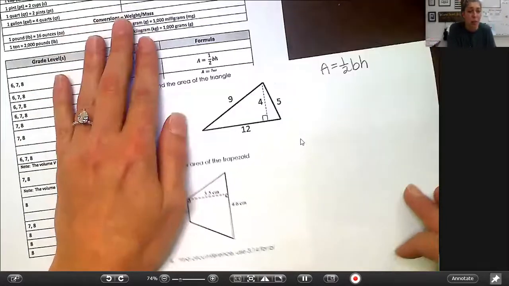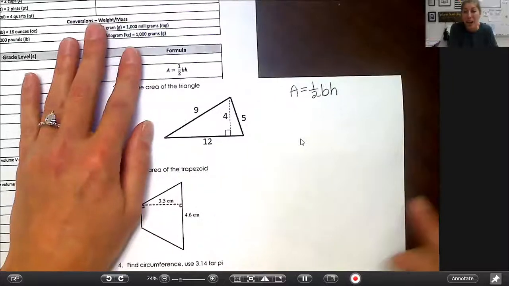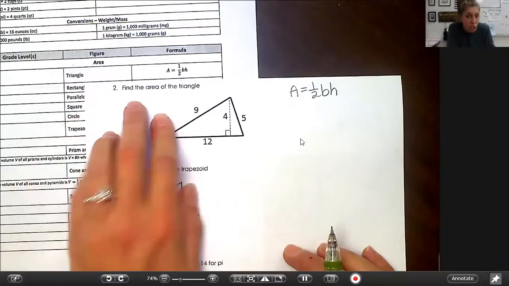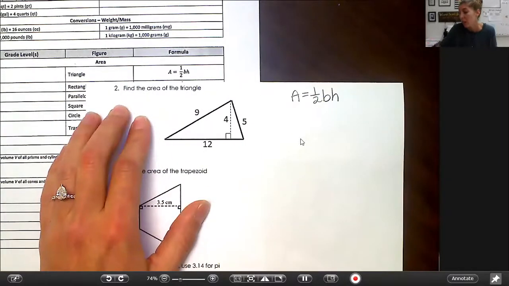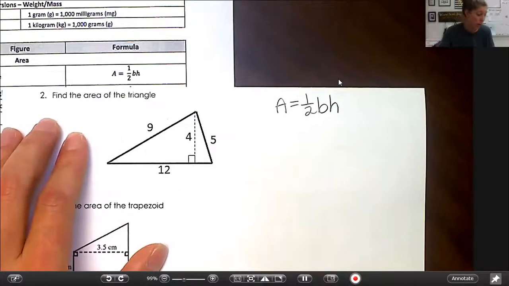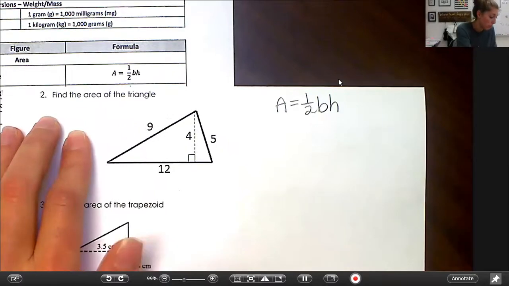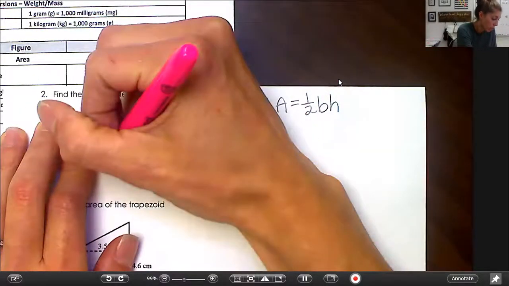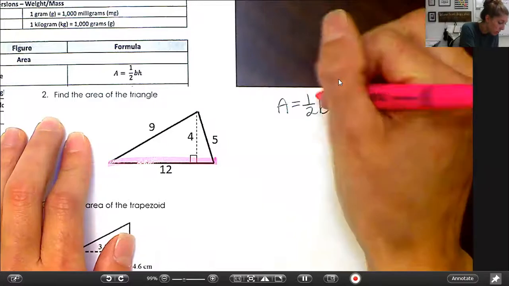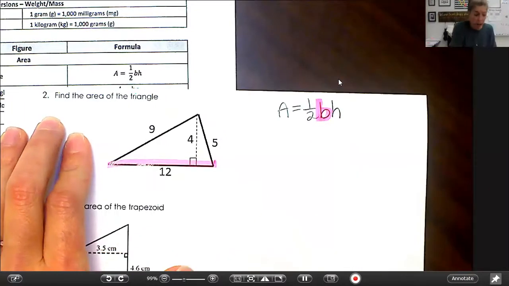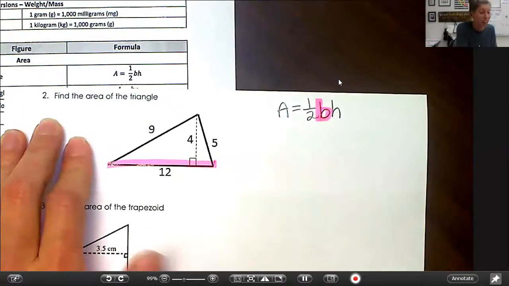Like I said, I know it's been a while, but we should know what those letters mean. And if you don't, I would really take my time when I'm reviewing this, because this is hit hard in 8th grade as well. The B represents the base of the shape, and the H represents the height.